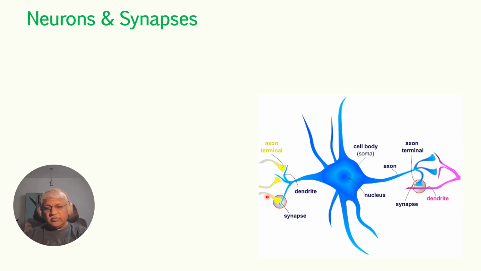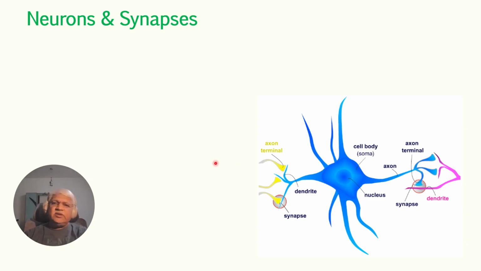This yellow item belongs to another neuron, or the previous neuron. So this part is called a synapse, where the axon terminals of one neuron are connected to the dendrite of this neuron. Similarly here. That is how the connections are formed from one neuron to another neuron. That is how billions of neurons and trillions of synapses exist in the brain.